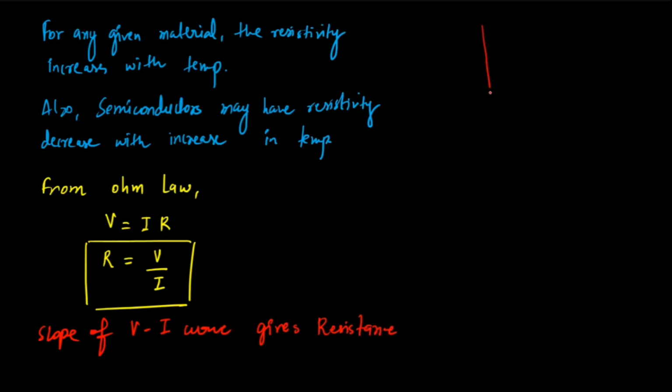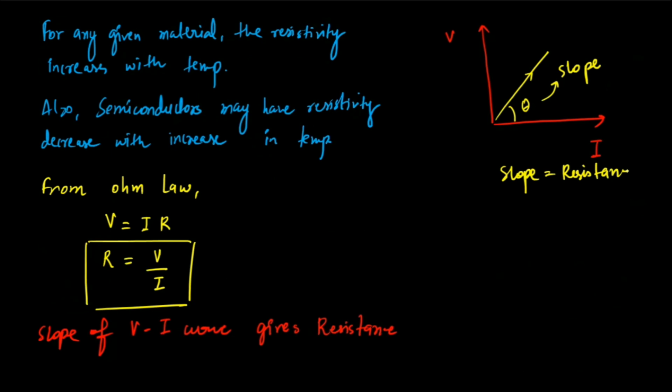What does it mean? Suppose we have a graph which represents potential over current. Whatever slope this graph might possess, for example, suppose the graph goes like that, to find the slope we have to find the angle. This slope is nothing but resistance. You need to remember this as well.